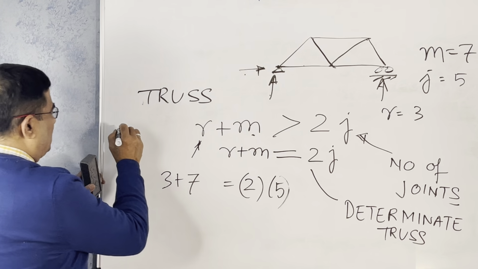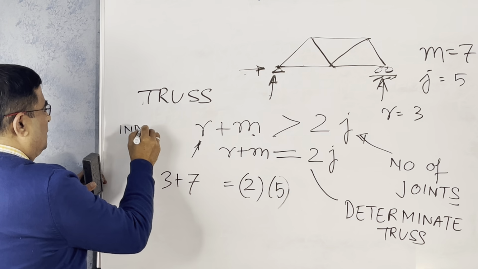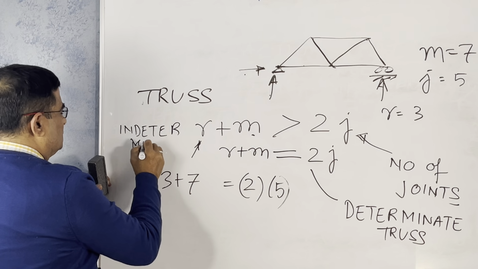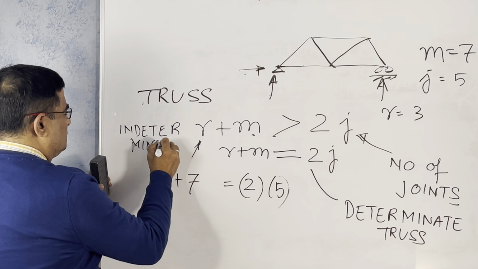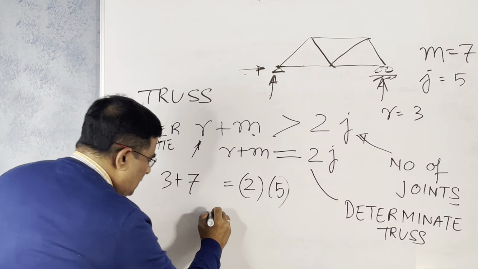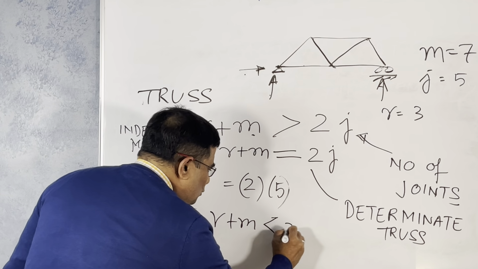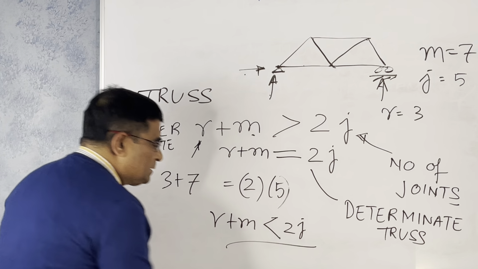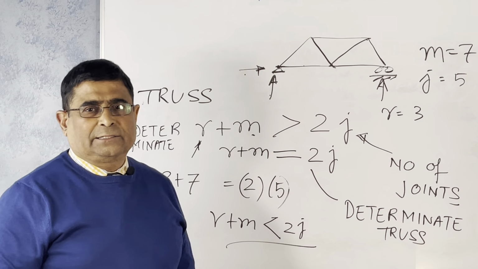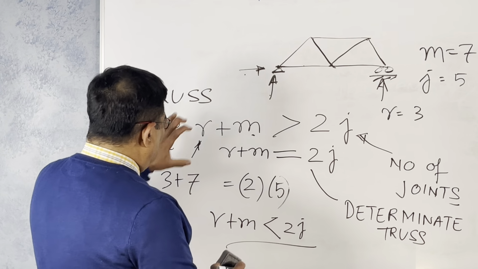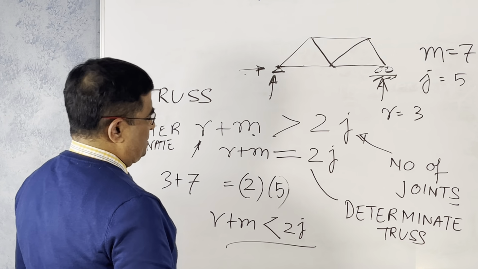If R plus M is smaller than 2J, this truss is unstable. It cannot take the load. So these are the three conditions for a truss.